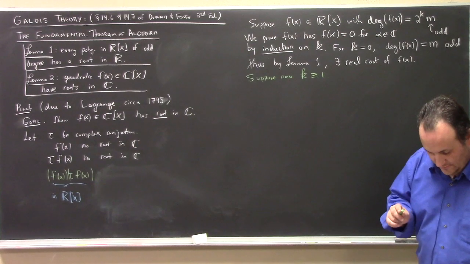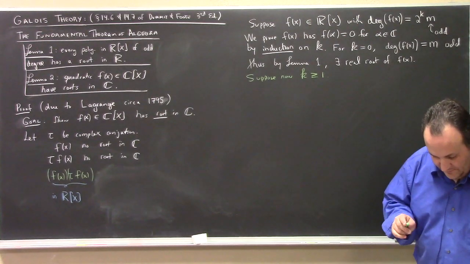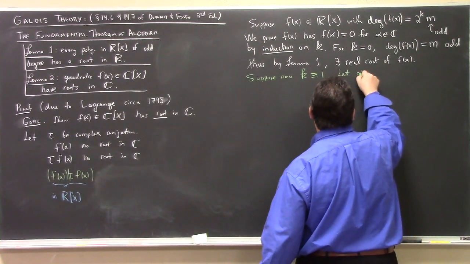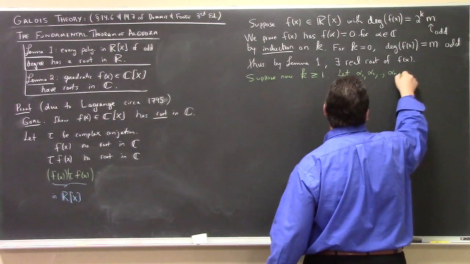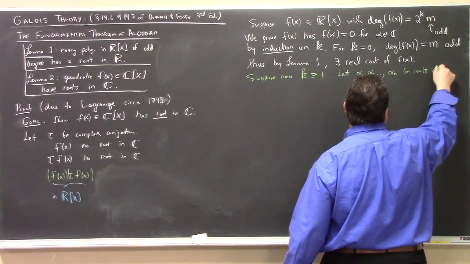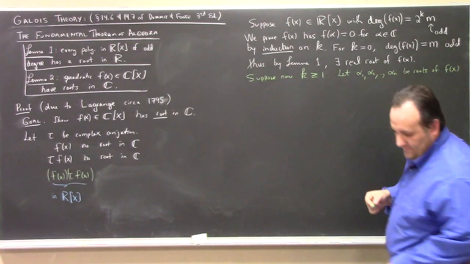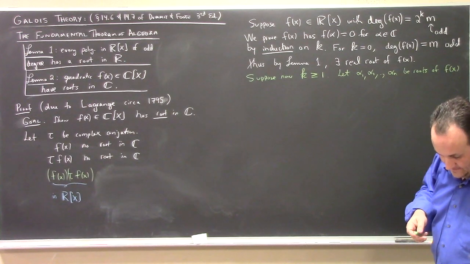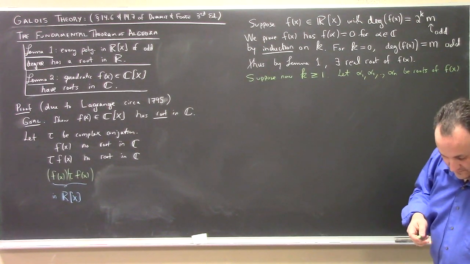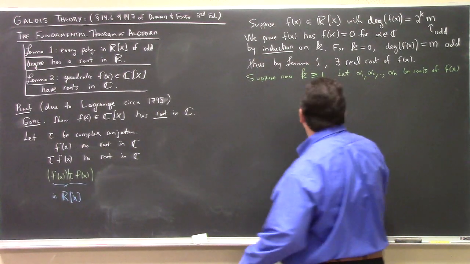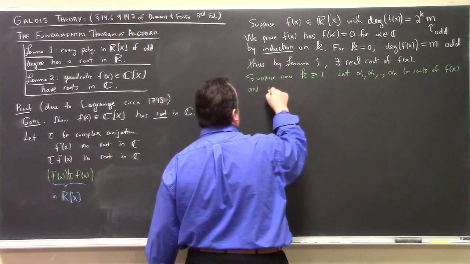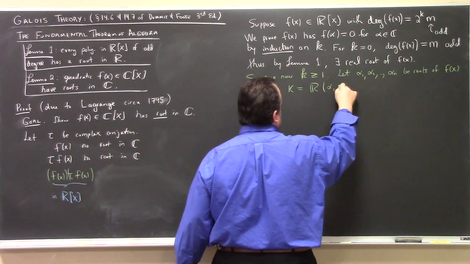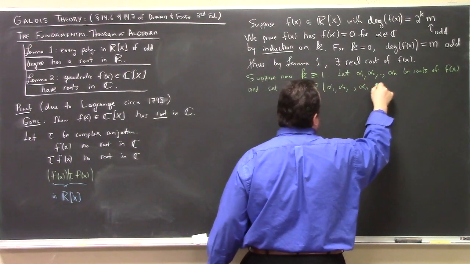Okay, so let alpha 1 through alpha n be the roots of f of x, and set K equal to the reals adjoined alpha 1, alpha 2, through alpha n, and i.